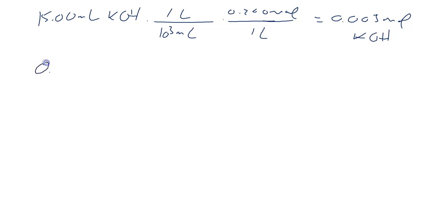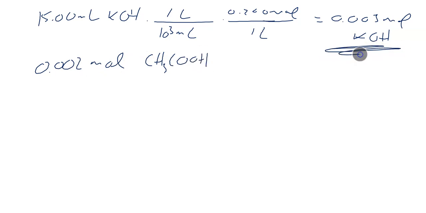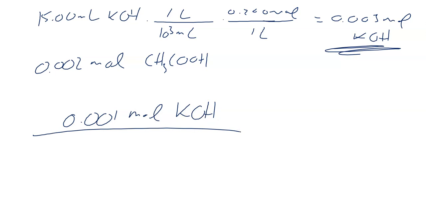I had 0.002 moles of my weak acid. All of that gets reacted. I'm left with 0.001 moles of just KOH by itself in a beaker of 25 mL, because I had 10 mL to start, and I added 15, so I got 25 milliliters, or 0.025 liters.